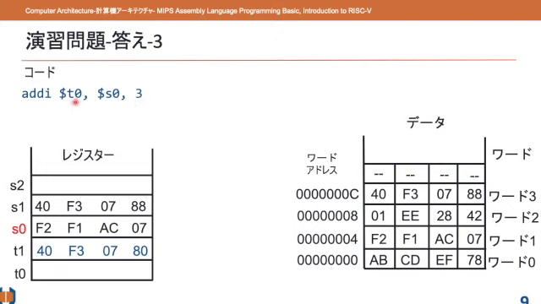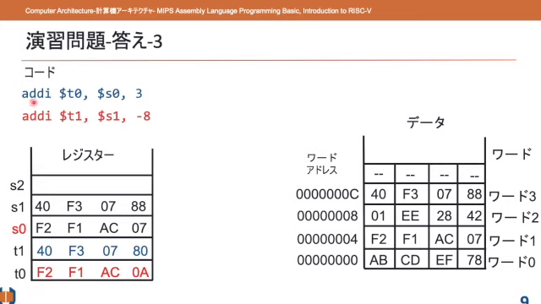So what is in S0? Let's go to S0. This is 7. Okay, so once you add this, you have to store it to T0, right? Here is T0. So once you add the value of S0, that means 07, if you add 3, it becomes here.